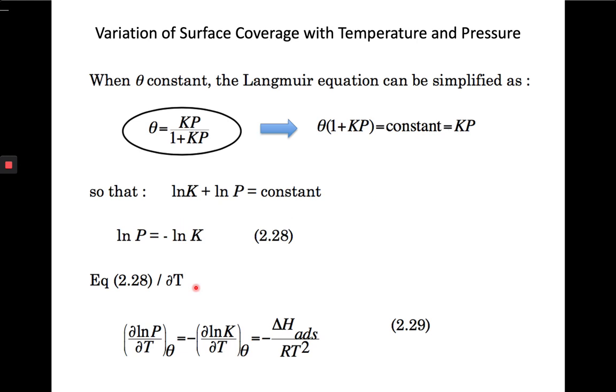When theta is constant, the Langmuir equation can be simplified as theta times (1 plus Kp) equals a constant, which is equal to Kp. So ln K plus ln P equals a constant, and so ln P equals minus ln K. Then we differentiate this equation with respect to T. So we get d ln P over dT equals minus d ln K over dT, which equals minus delta H over RT squared.